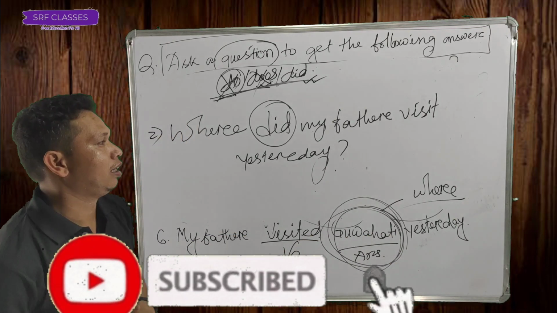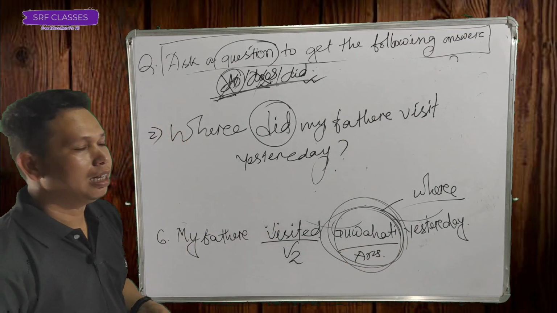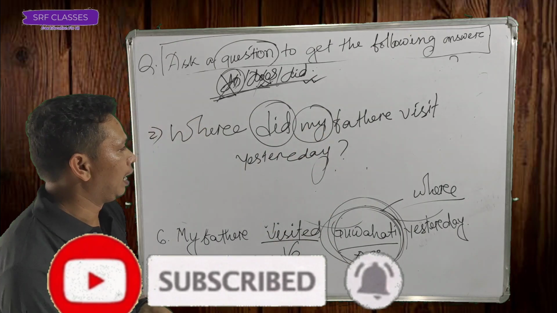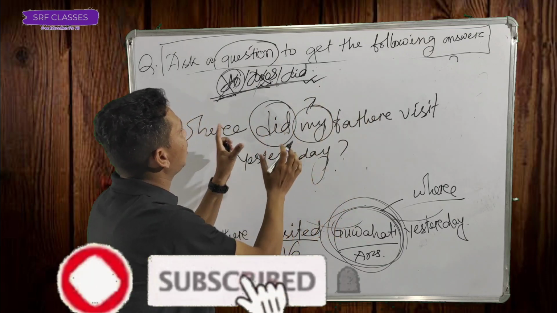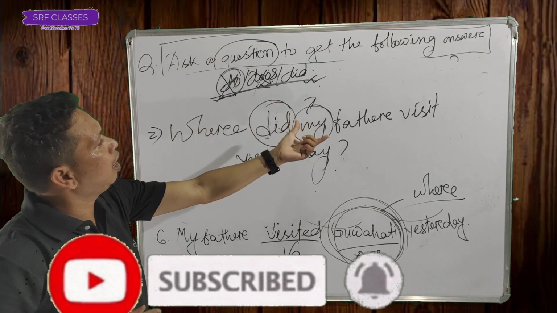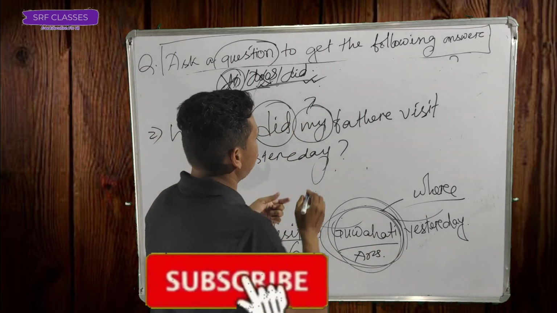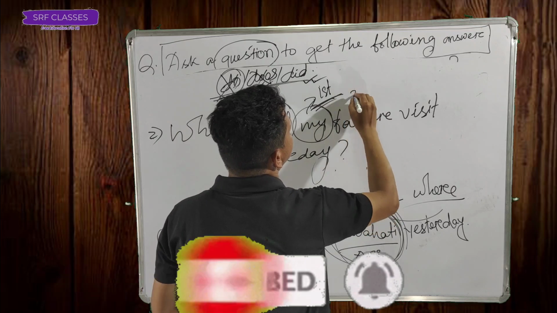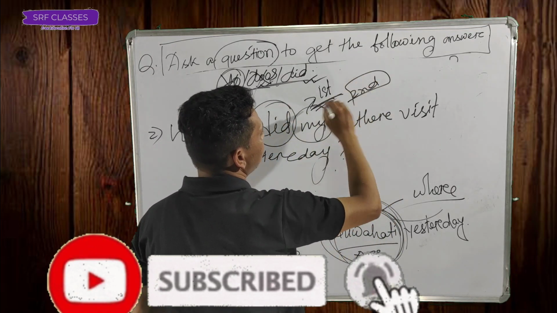Now in this sentence it's not absolutely correct. A small change should be done. My. You need to remember in this type of sentence, when you are asked to frame a question to get the following sentences as the answer, the first person usually changes into the second person. So what is the first person?